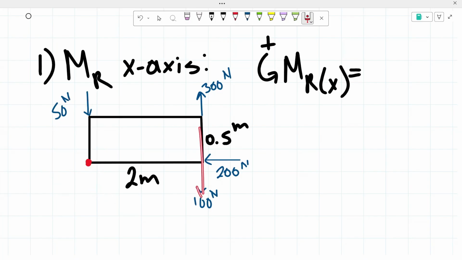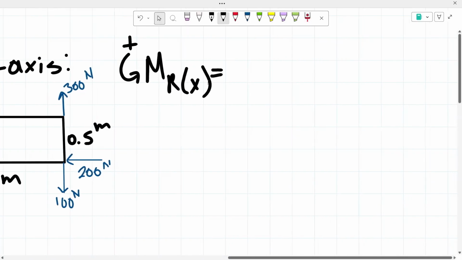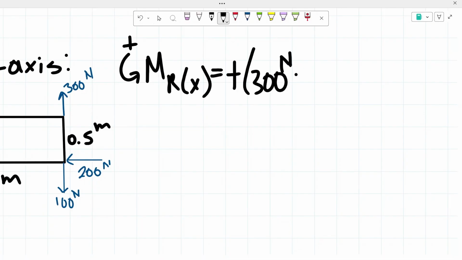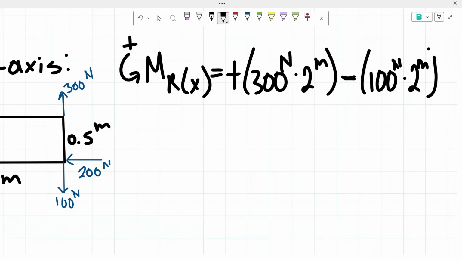And then for the downward force, that's going to be creating a clockwise moment, meaning that one's going to be a negative moment. So we have a positive moment of the 300 newtons, that's our force, times our distance of 2 meters. And then we have a negative moment of that 100 newtons times the 2 meters of distance once again.